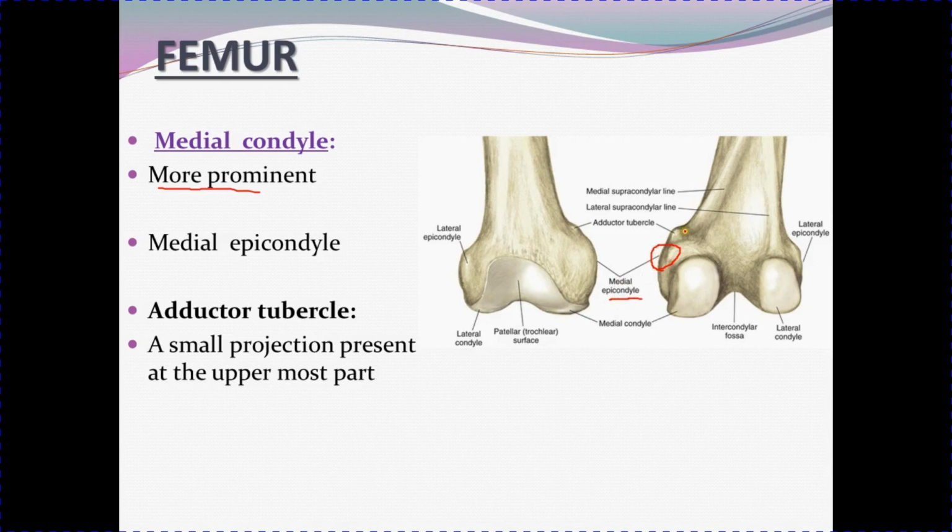Above the medial epicondyle, there is a small projection present which is called as adductor tubercle. You can see over here this small projection present just above the medial epicondyle is called as the adductor tubercle.